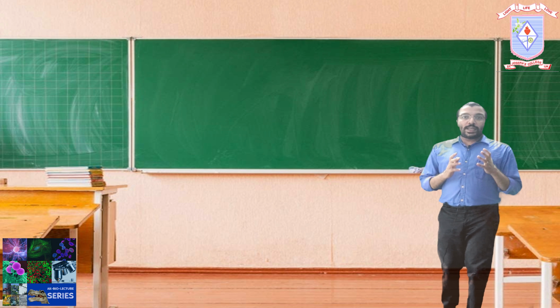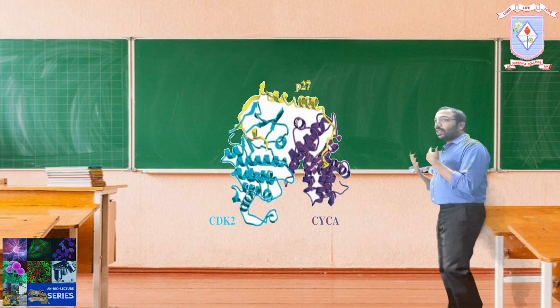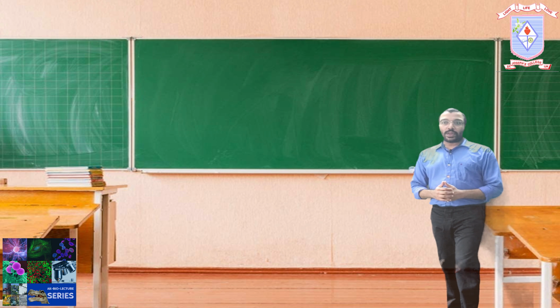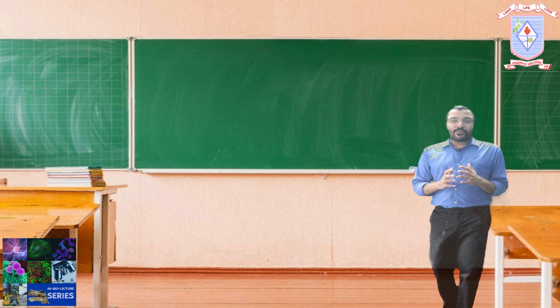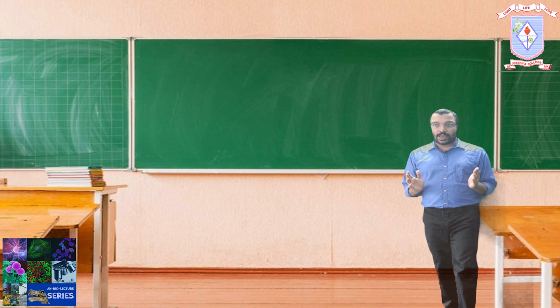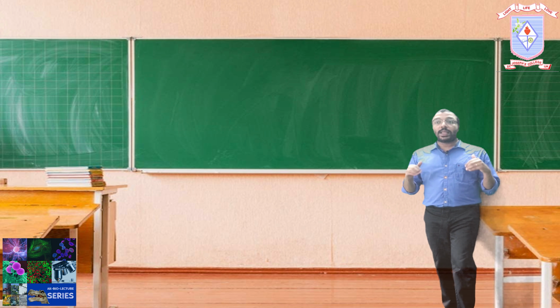In this way, P27 inhibits the S phase progression. When P27 gets phosphorylated, it will be degraded, and as a result, the cyclin-CDK complex will be free to progress the S phase.